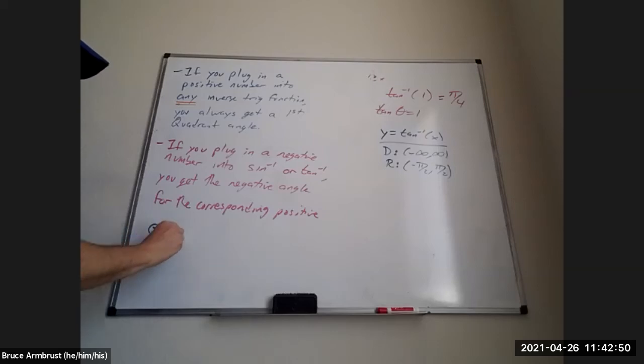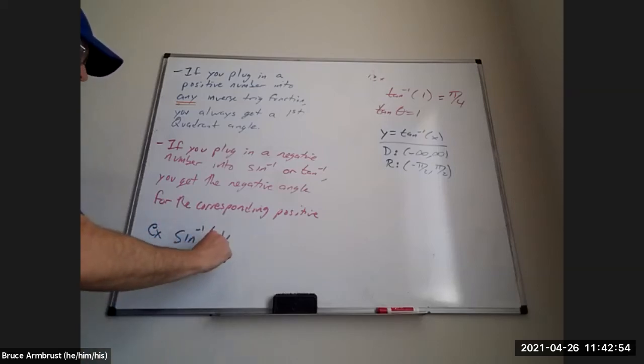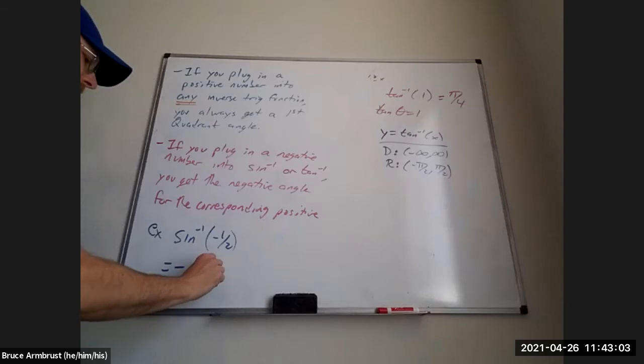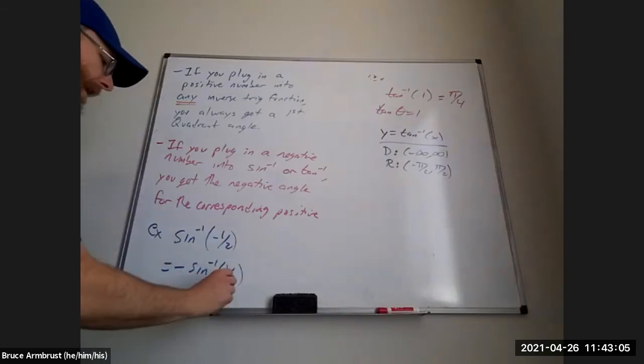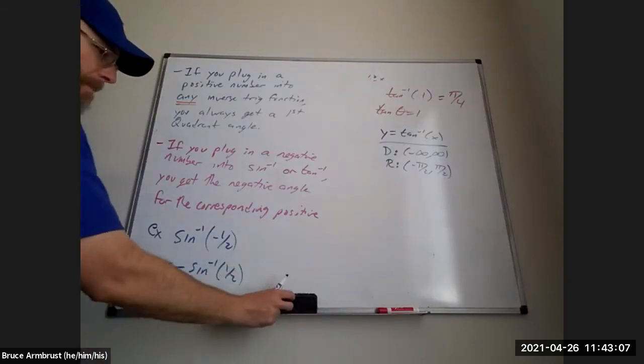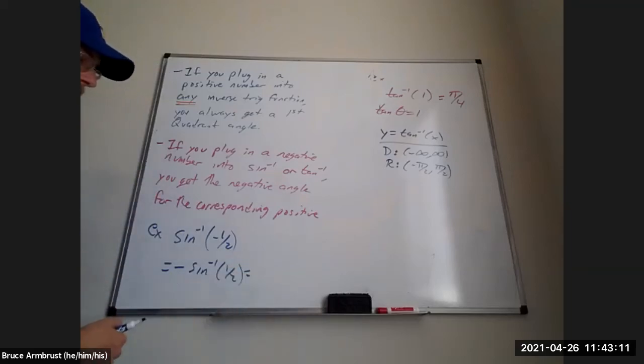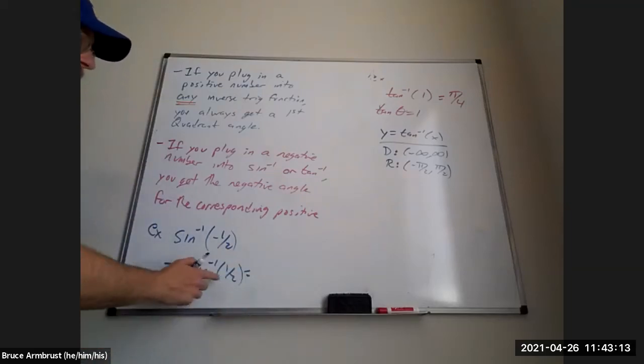Let's say we're doing sine inverse of -1/2. So this is going to be the same as the negative sine inverse of 1/2. And if you look at your chart, you'll see that sine is 1/2.